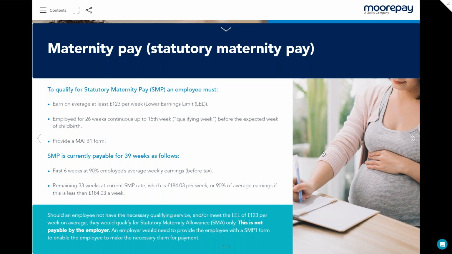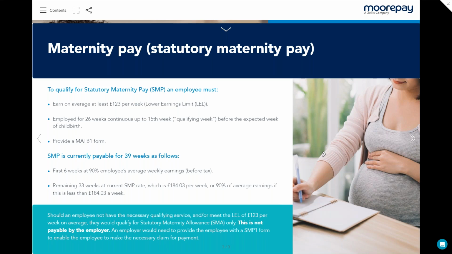But the legal definition is that we get the expected week of childbirth from the MAT-B1, we count back 15 weeks, and that gives us a qualifying week. Then we go back 26 weeks from that point.